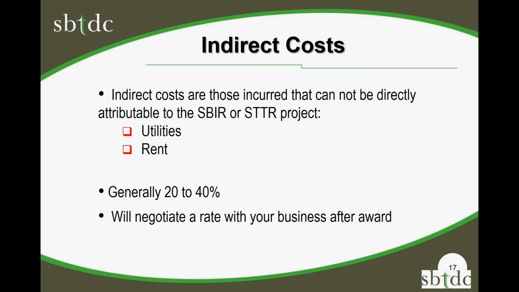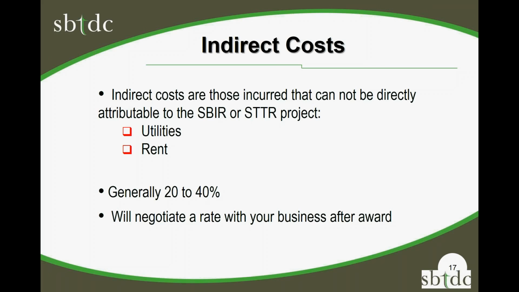The second bucket is considered indirect costs. So indirect costs incorporate expenses that your business incurs no matter if you had this project or if you're carrying out this research or not. So think of these indirect costs as utilities, lease expenses, fringe benefits, etc. So expenses that your business is going to incur that are helping your project proceed forward, but they're not directly aligned with it.